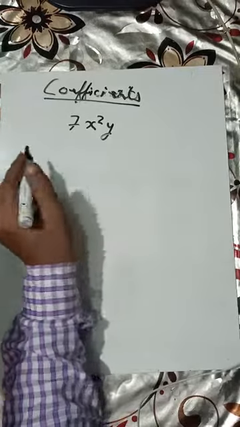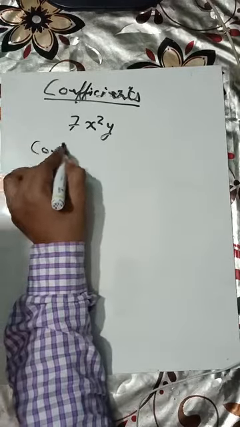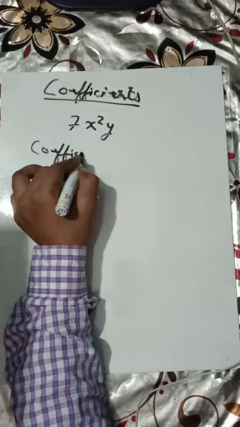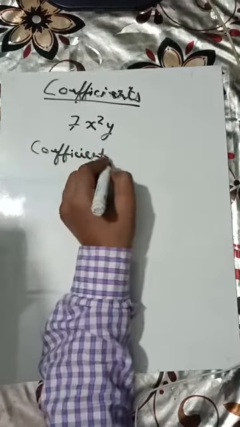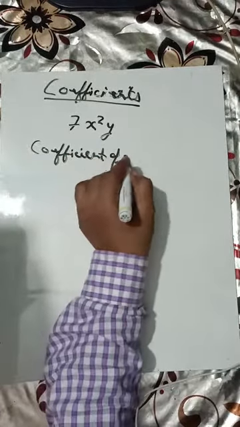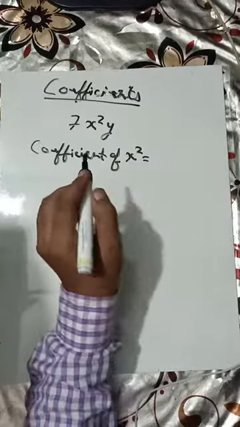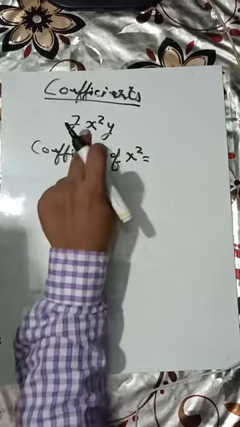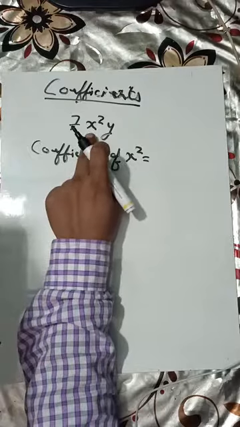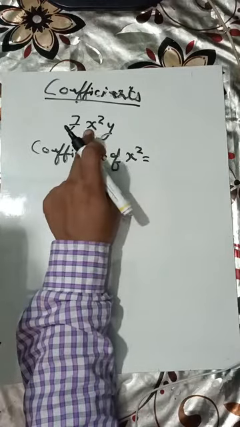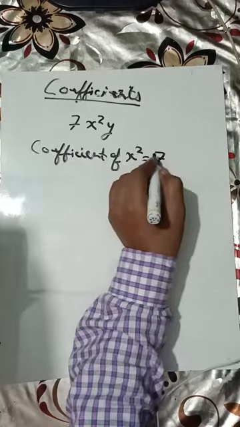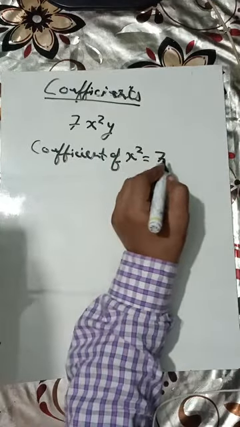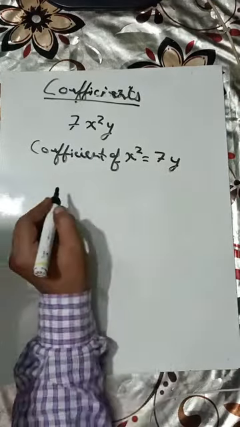When we ask for coefficients, we always write coefficient of something, like coefficient of x square. The coefficient of x square means the numbers and symbols which are attached with x square. The symbols attached with x square are 7 and y, so it is 7y.